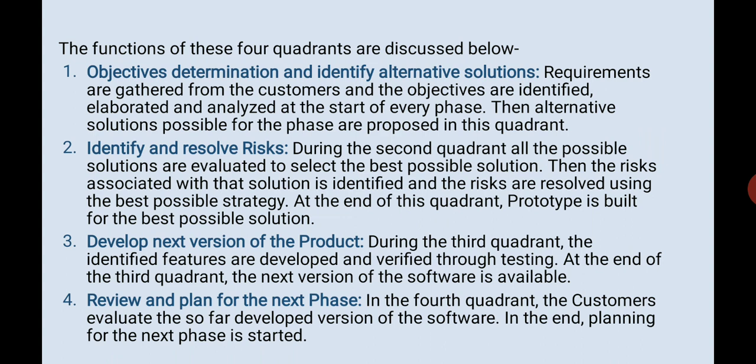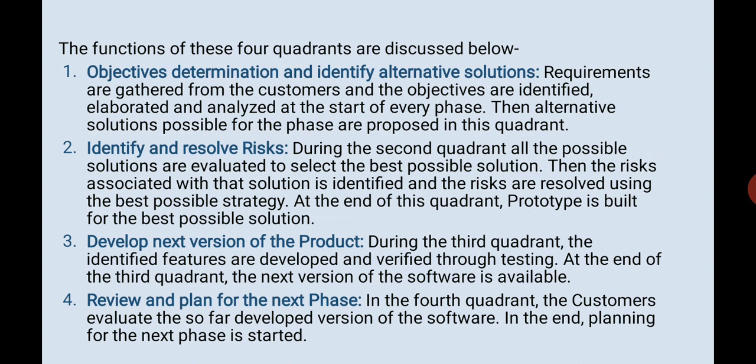All the possible requirements that we probe, we can gather from the customer, and objectives are identified. Elaborate and analyze at the start of every phase. Then alternative solutions possible for the phase are proposed in this quadrant, and we look at what alternative solutions are possible.